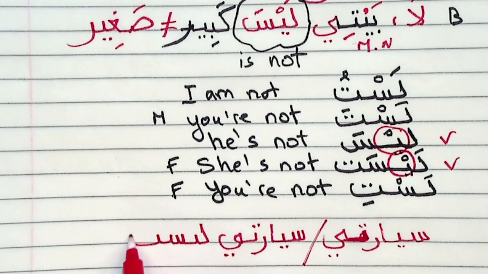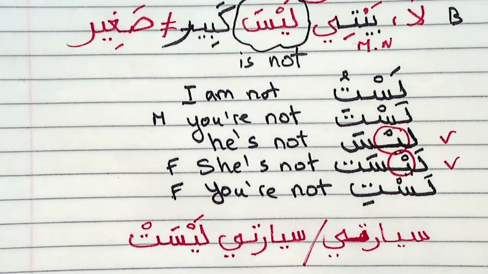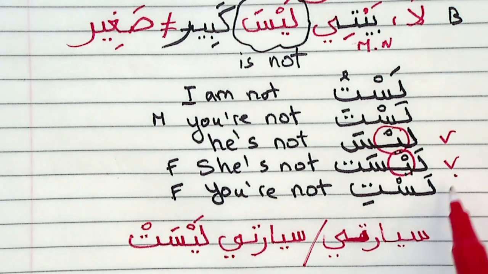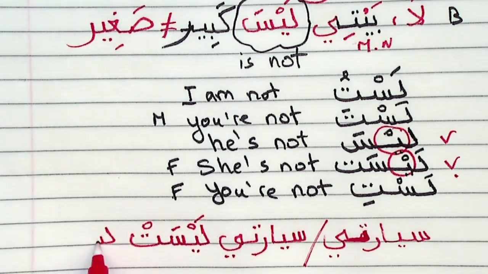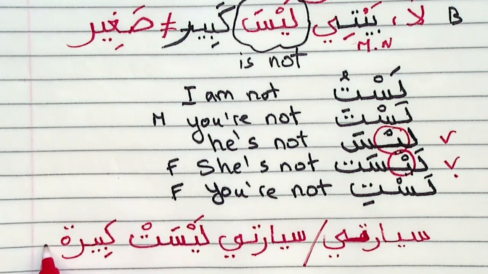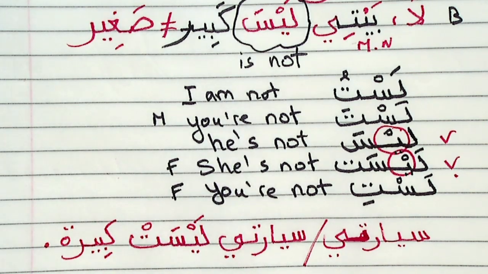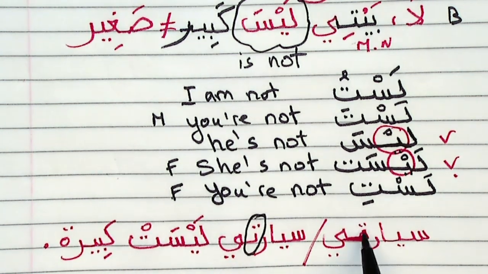Sayyarati laysat. Laysat, she, because it's feminine. Sayyarati laysat kabira. My car is not big. So what we have here is ta, which is what we had in the initial form, ta marbuta.